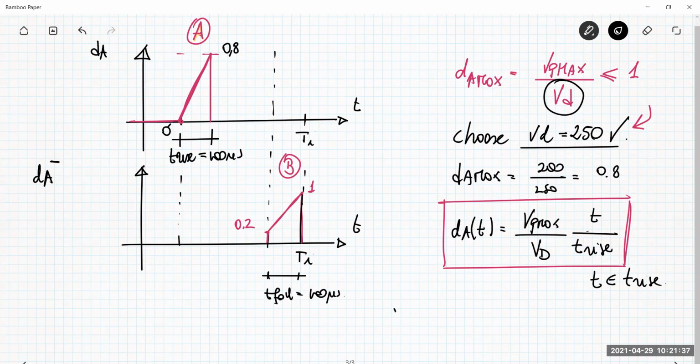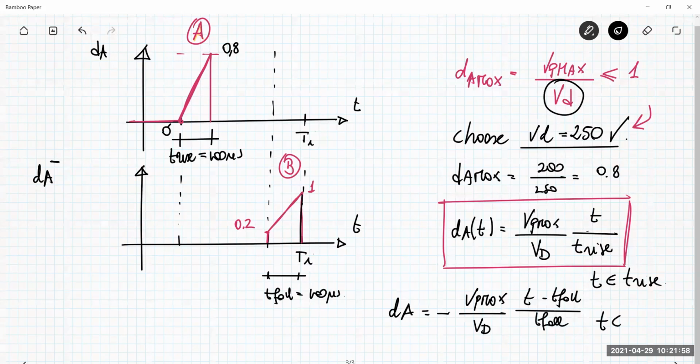This means that DA minus is negative VP max over VD, T minus T fold, over T fold, for all the time instants that are inside T fold.